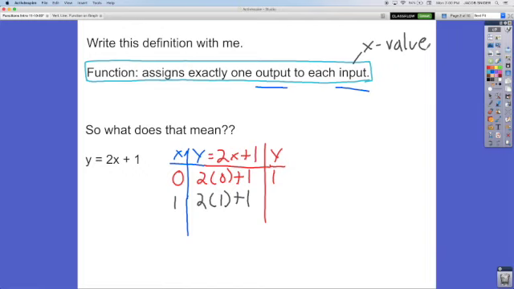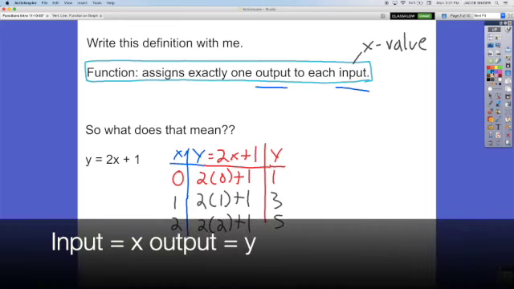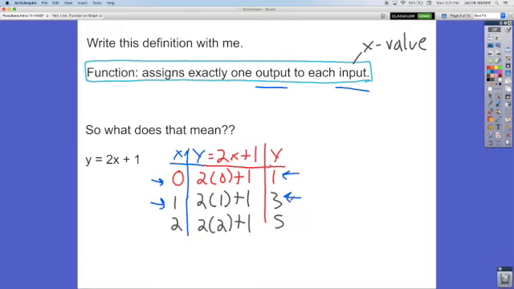Then 2 times 1 is 2, plus 1 is 3. If I keep going, let's say 2: 2 times 2 plus 1 is 4 plus 1, 5. You can see that this would be a function because if I plug something in, I get something out. There's no repeating, and we're good to go.